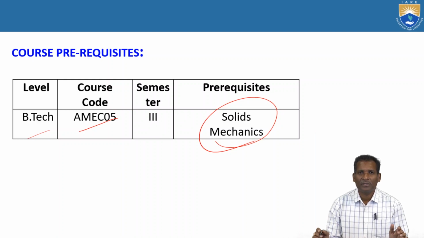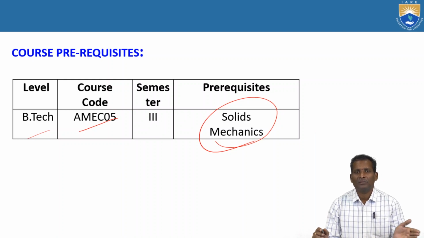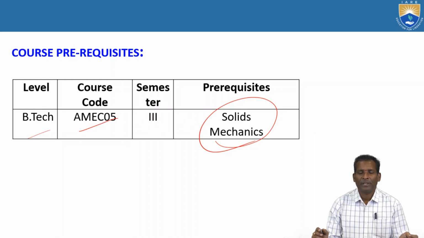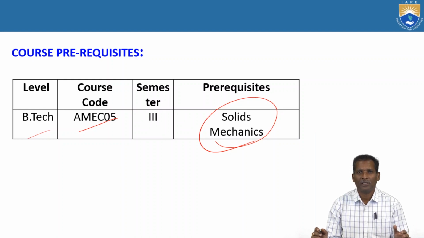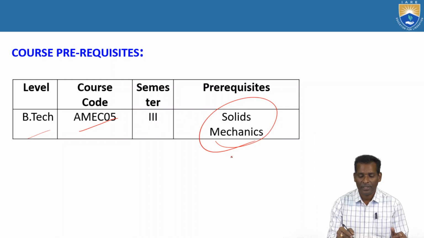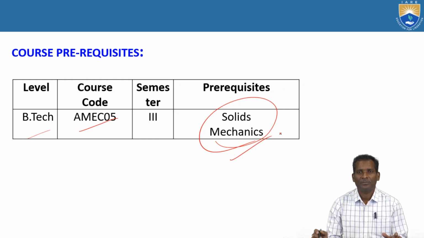The subject deals with materials, material characteristics, types of materials, and testing methodologies. How to calculate the various stresses when an object is subjected to different loads, and how to draw the shear force diagram and bending moment diagram. All these things you studied in solid mechanics.